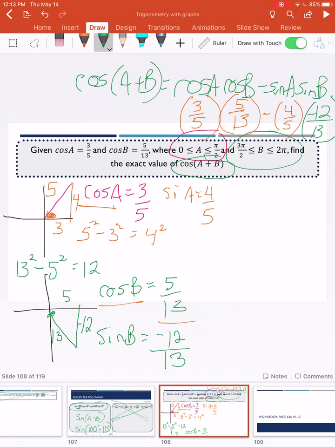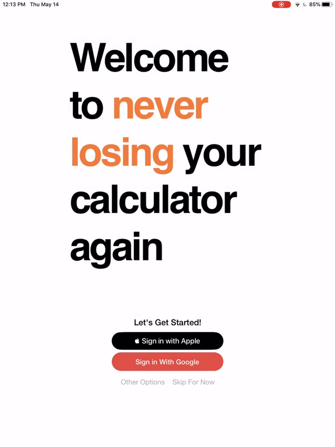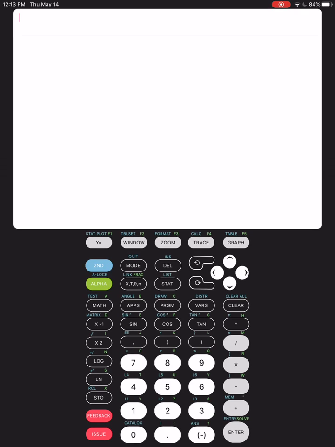Type it in your calculator, right? Let's see if my calculator will do this. Because you're just typing ratios in, you don't even need to be in degree or radian mode. It doesn't matter because all you're doing is typing the ratios in. All right, so we're going to go 3 over 5 times 5 over 13 minus 4 over 5 times negative 12 over 13.